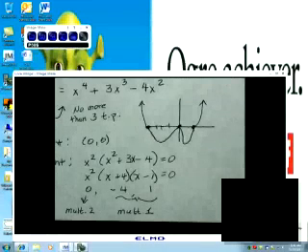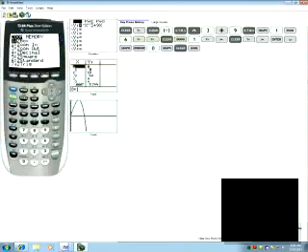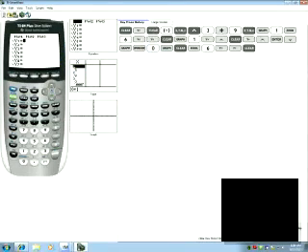Let's see how well we did. X to the 4th plus 3x cubed minus 4x squared.